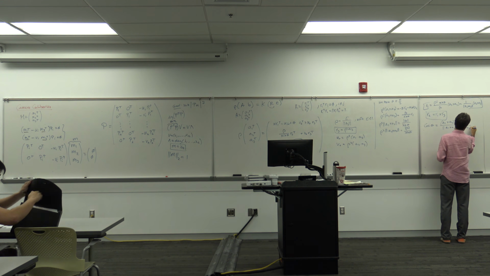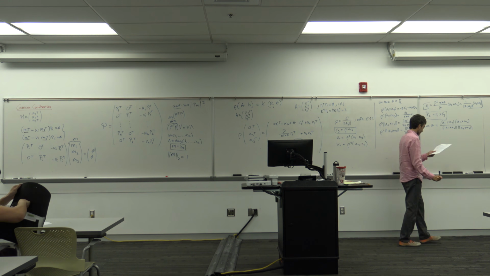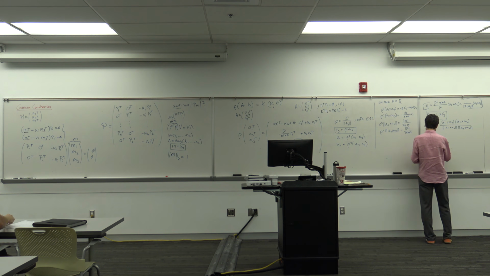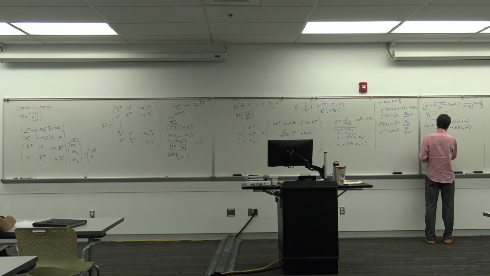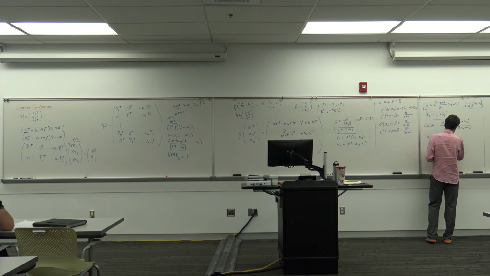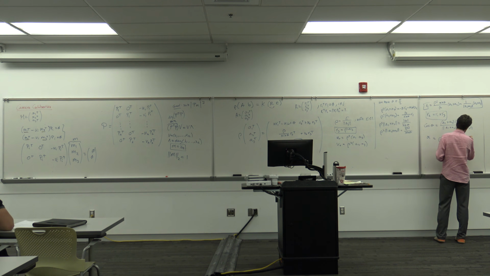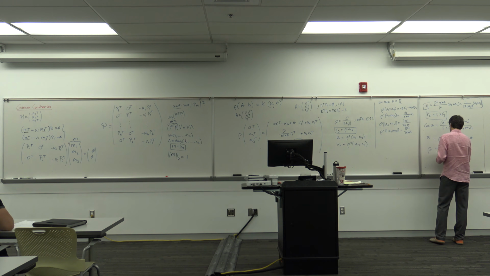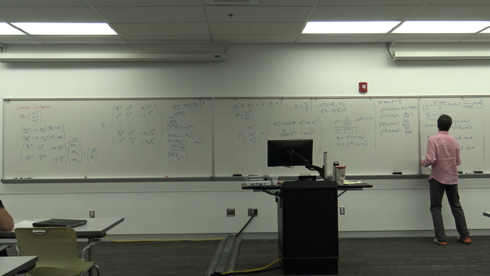And alpha is going to be equal to rho squared times the norm of A1 cross product A3 times the sine of the angle, and beta is again rho squared times the norm of A2 cross product A3 times the sine of the angle. All right, excellent.